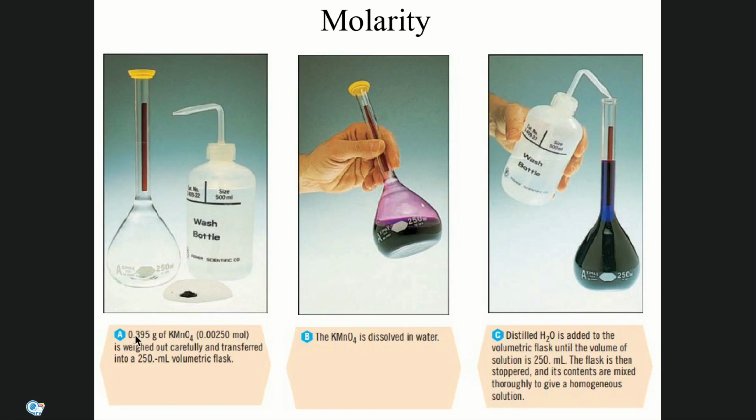We can weigh some amount of potassium permanganate, 0.395 grams, and dissolve it in a volumetric flask, not in a full flask, but in some amount of water, and then add water to the mark that indicates the volume of this volumetric flask, and it will be your solution.